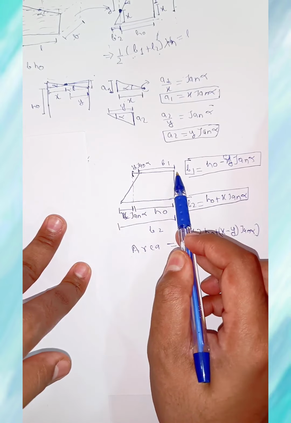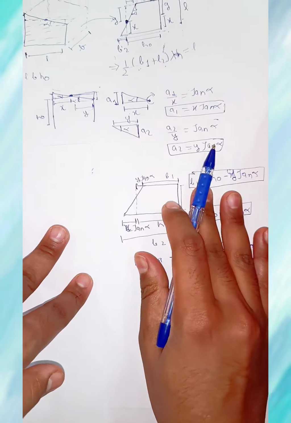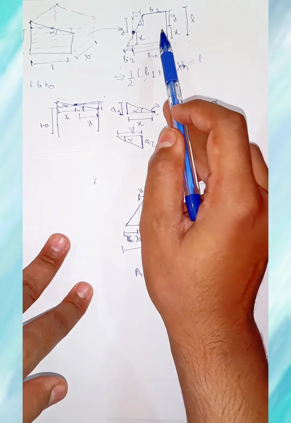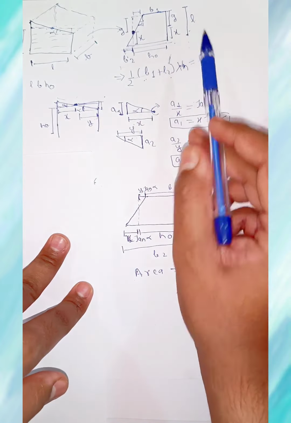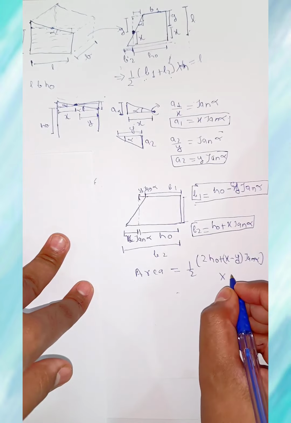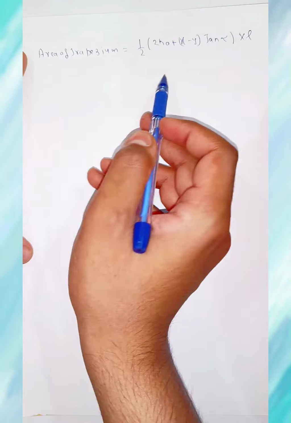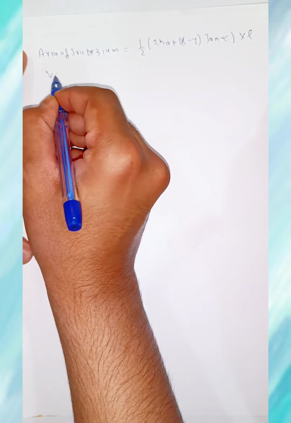Height of this trapezium is x plus y. From this triangle you can clearly see x plus y, or we can replace x plus y with L. So L. Okay. So this is the area of the trapezium.